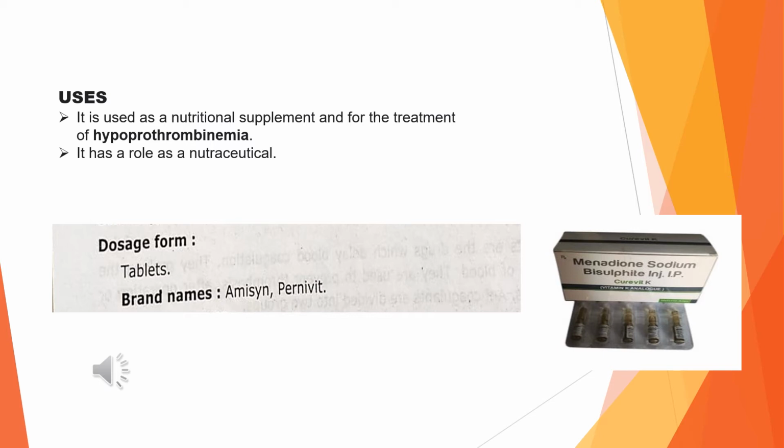Nutraceutical is a nutritional medication. Next, dosage form. It is available in tablet or in injection form. Next is the brand name. Amycin and Pernevit are the brand names of menadione.